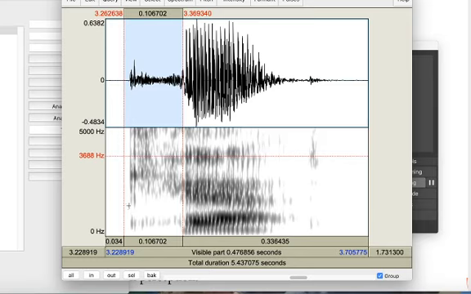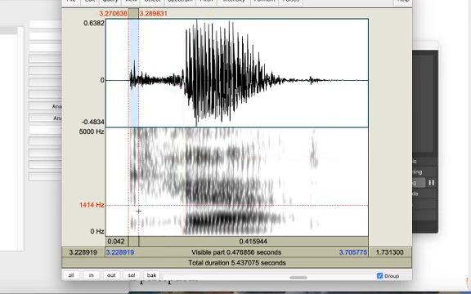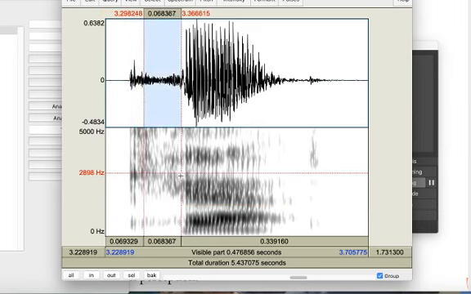Well, there's this very sharp burst in energy right here. So yes, this must be minus continuant, minus voice, minus sonorant. It's a stop. It's a voiceless stop. It's also got this aspiration period over here. Here's what that sounds like. So maybe that's represented in English phonology, or maybe it isn't. Maybe it's predictable, whatever. So we've got those features.